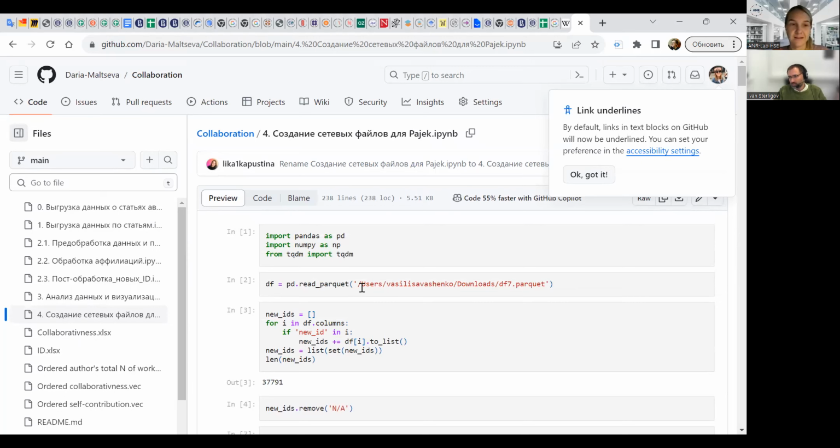The analysis itself is already prepared in Pike and is not presented here. It will be published, and it cannot be found here yet. But how to reach the stage where you get the network files is all explained.